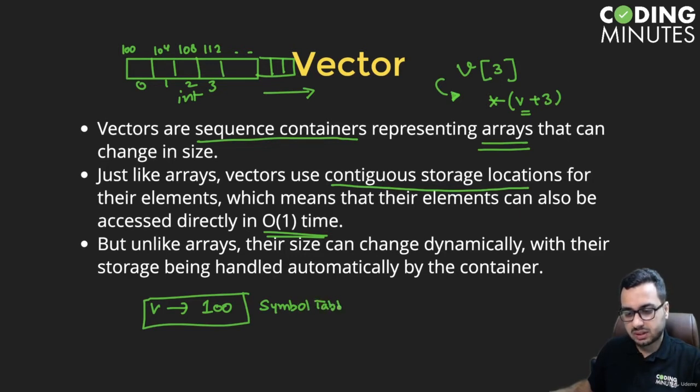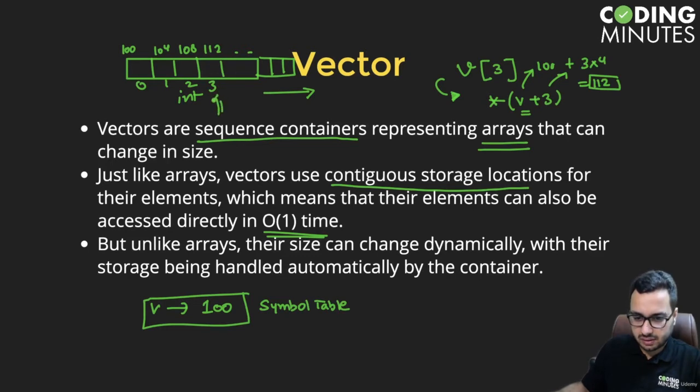All the variables that you create, int x, int array, all the addresses are stored in a symbol table, and from that we get to know this address is 100. Plus 3 basically means, if it is a vector of integers, we multiply it by 4, so we reach location 112. So this is an order 1 operation. That means we can directly reach this address and find out where the value is present.